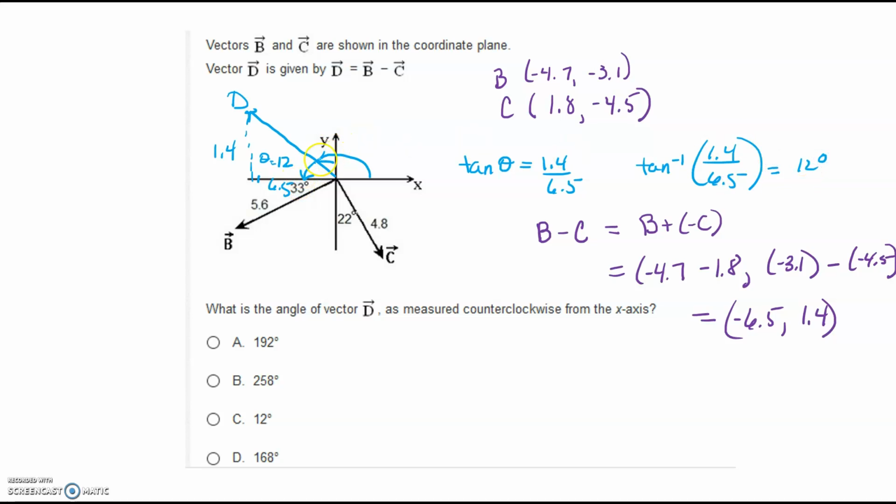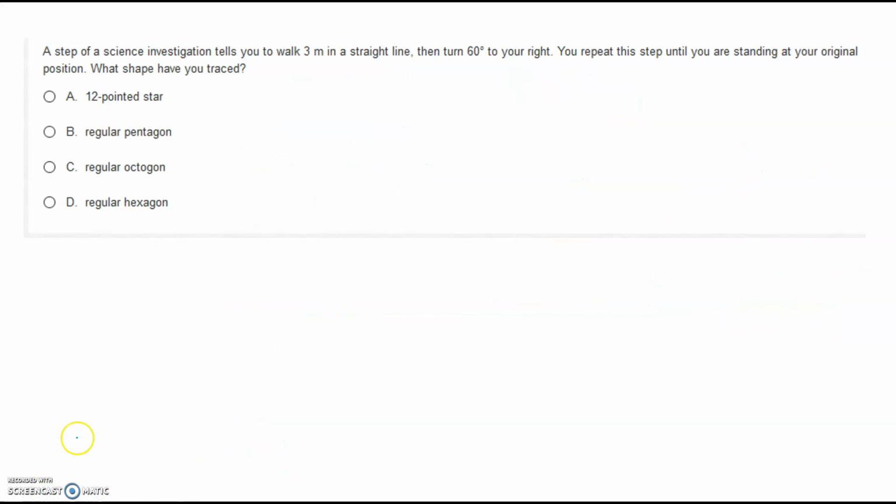But they don't want that. They want this. So I did 180 minus 12, and I got 168, which is my answer. Okay. Aha. Okay. So I will probably be able to do this one.